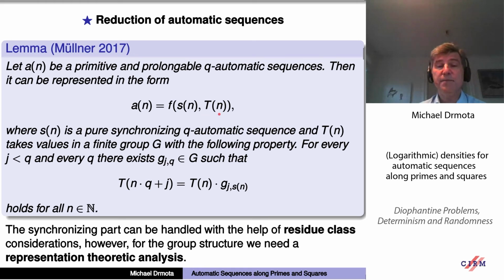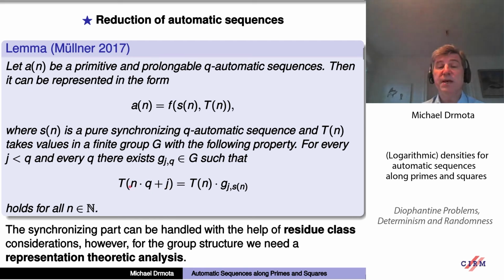And T of n is a sequence that is group valued. It behaves very similarly to the sequence that we had in our example before. So if we take nq plus j, that just means that we already know what is going on for n, and then we just append a digit j in the expansion.